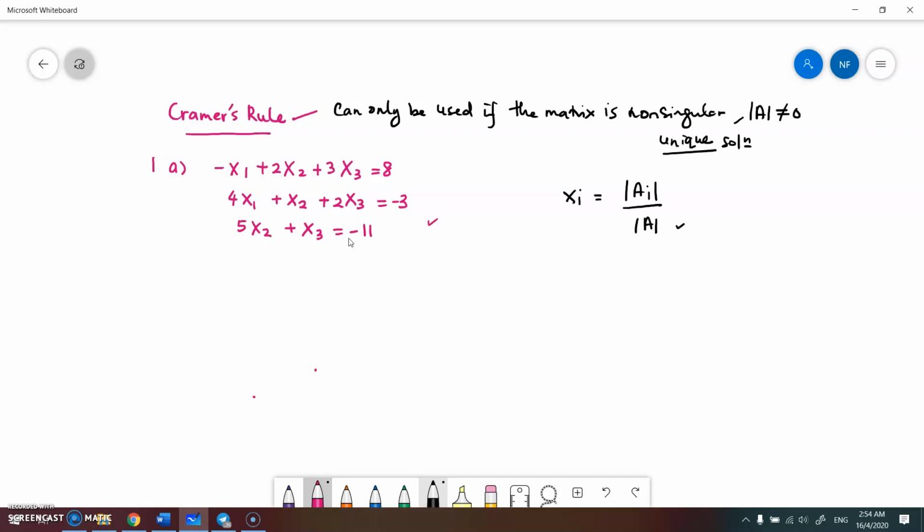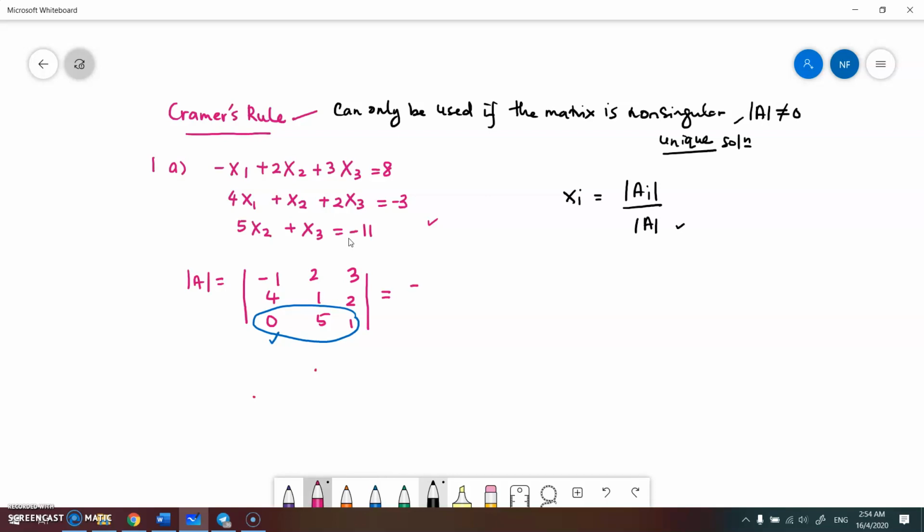Okay, first you have to find the determinant of A. So negative 1, 2, 3, 4, 1, 2, 0, 5, 1. Let's say I'm using the last row because there is a 0 here.